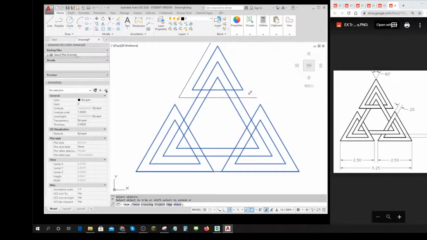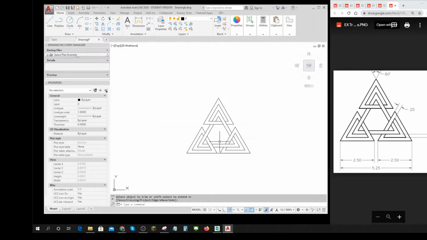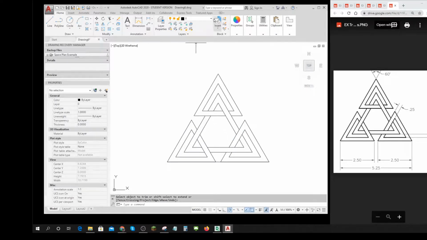And I need to get rid of those two lines, and those two lines, and those two lines, and those two lines. There we go.